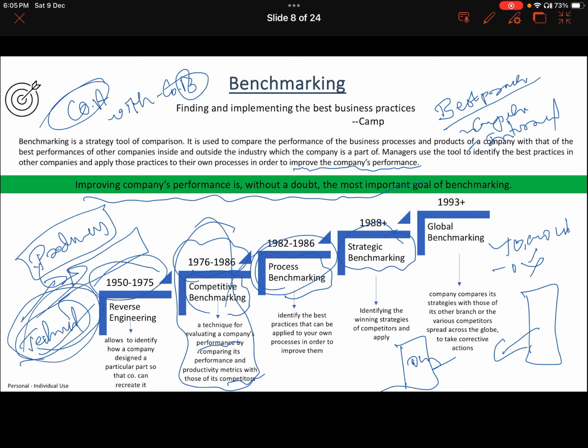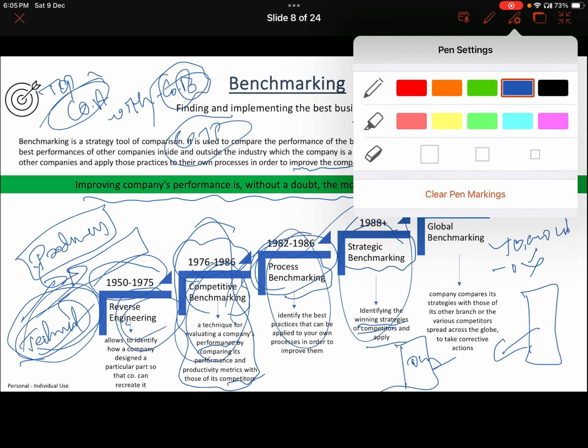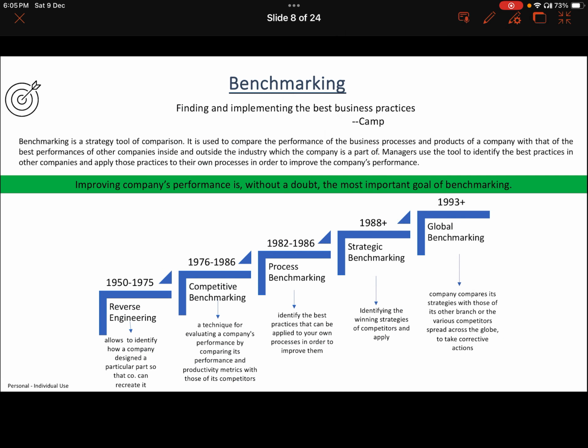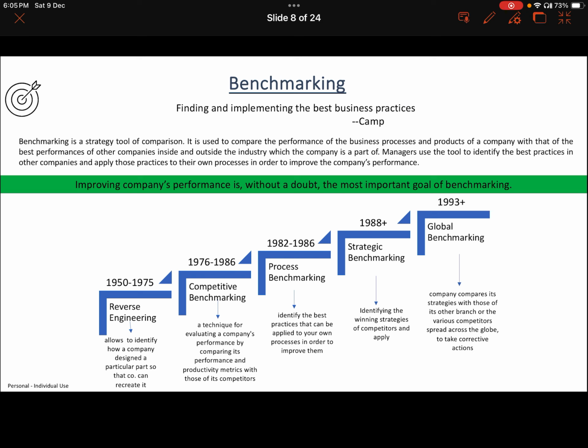You are a company A director, a strategic leader, so you will see the strategic decisions of company B and company C, your competitors. This is strategy at the topmost level. Product level is all about numbers, process level is about processes, and here it is all about strategic decisions: what are the winning strategies of a competitor, and then apply them. If one company decides to enter a new market and it is a success, then you also get into that market. These are all strategic benchmarking.